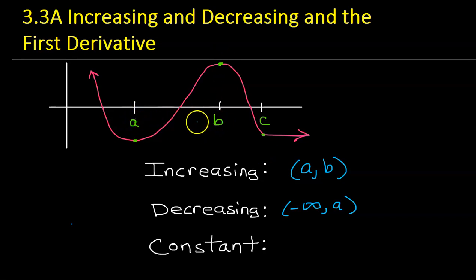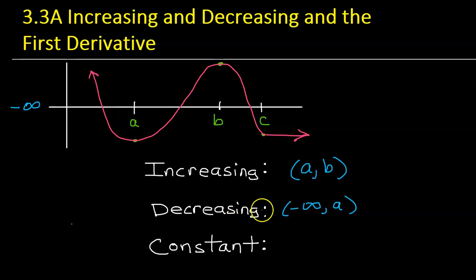It has nothing to do with the y values. So when I say from negative infinity to A, I mean because this graph is coming in from the left. Negative infinity is over here on the left, so that's why it's negative infinity. It's a common mistake for students to say positive infinity because it's pointing up in the sky. No, that's a y value thing. X value wise, this is negative infinity to A.